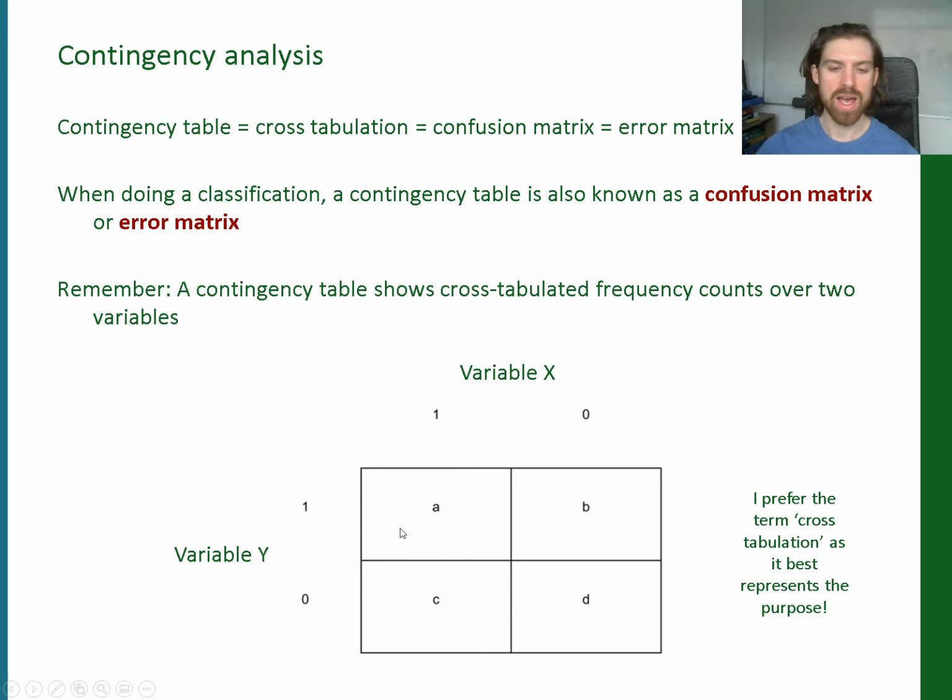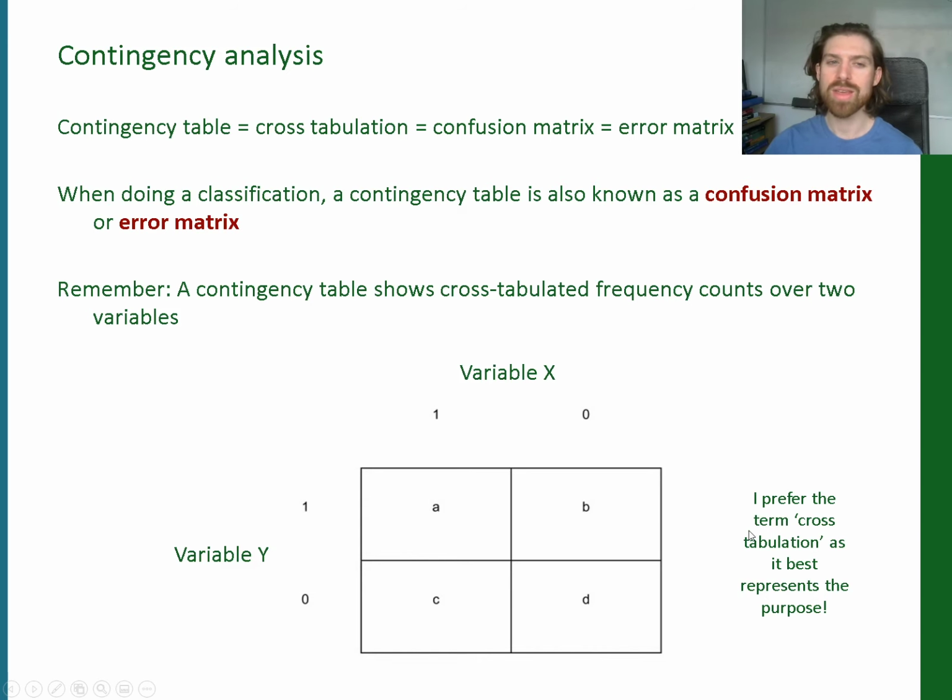And essentially, if your variable x outcome was 1, and your variable y outcome was 1, and you had 10 participants which had that same answer from both variables, then you would put a 10 in the A cell just here.